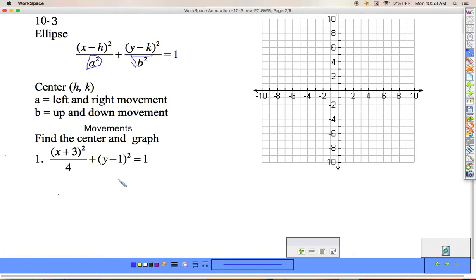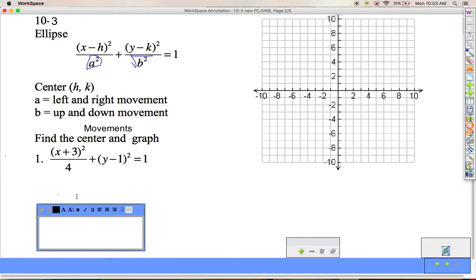So what we're going to do, looking at this, I'm going to tell you the center is going to be the opposite in the x value, negative 3, comma, the opposite in the y value, 1. So my center is going to be the point negative 3, 1. Easy as that. My left and right movement is going to be the square root underneath my x, so the square root of 4 is 2.